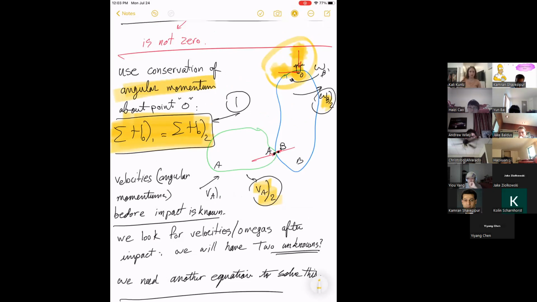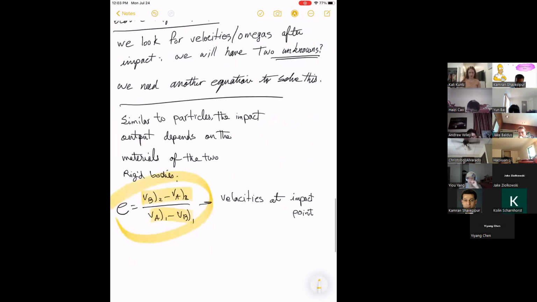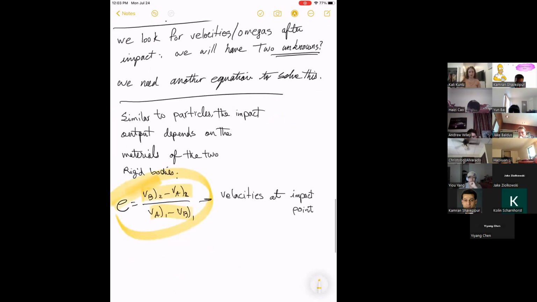And then the second equation, as always, comes from the nature of the materials and how they bounce back or stick together or whatever happens, and that's the coefficient of restitution. Very boring stuff, right? We're going to do a couple of examples and you see how this works.